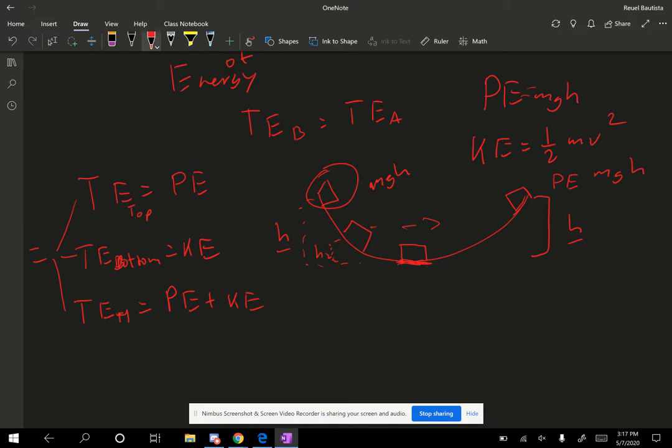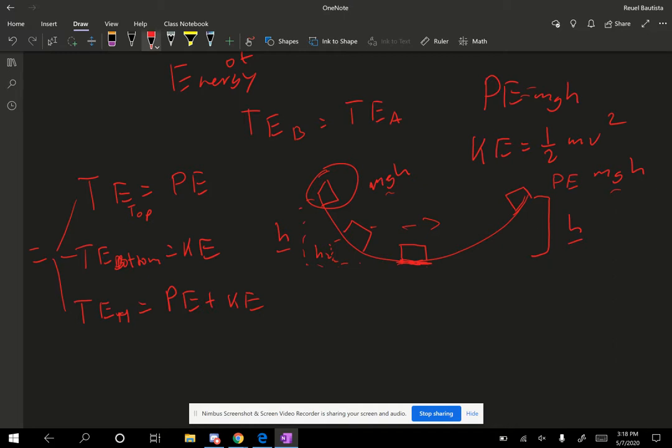The mass here and the mass here are the same. Gravity is not going to change. And if they have to be equal, that means the height also has to be equal. Since there is a conservation of energy, the maximum height that this will reach should be the same height, assuming there is no friction.